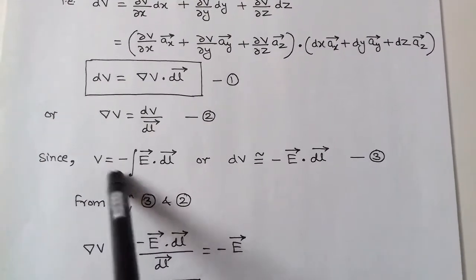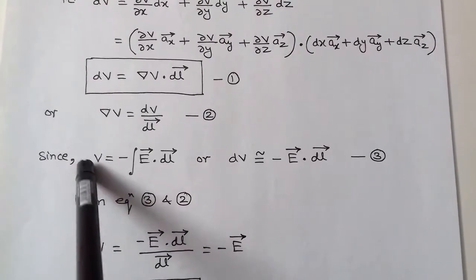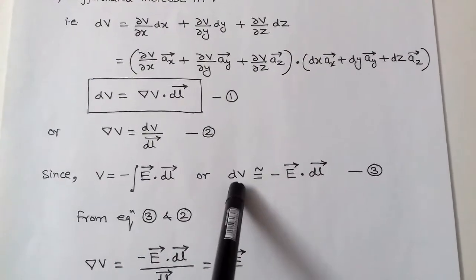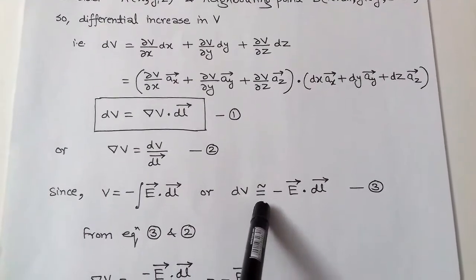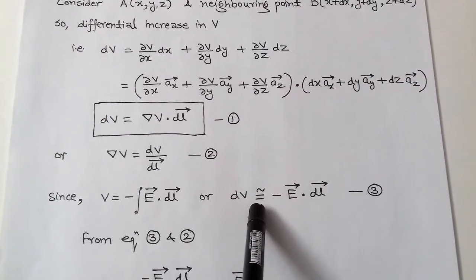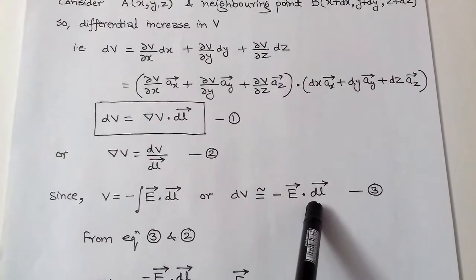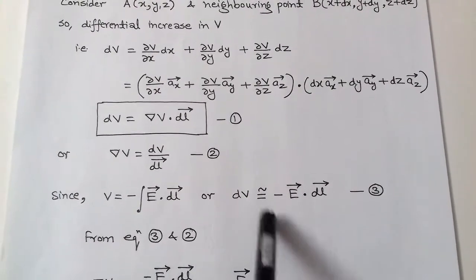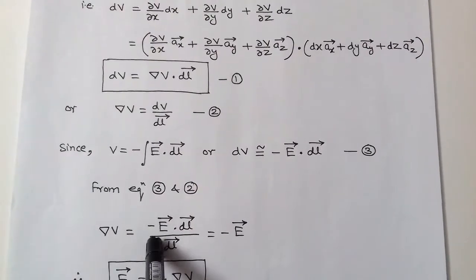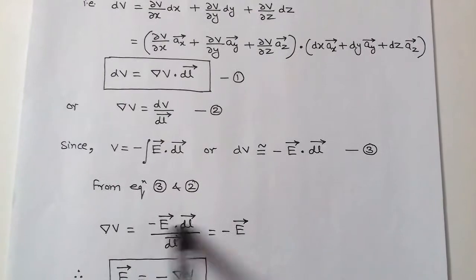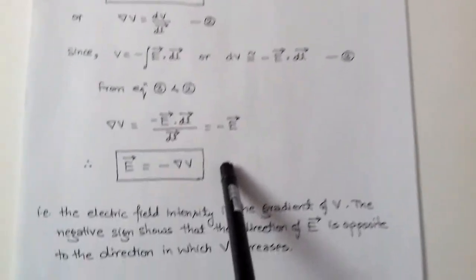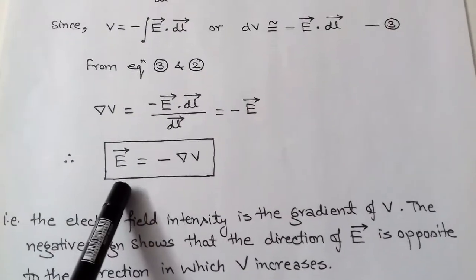Since potential V is equal to minus the integral of E dot dl, the differential increase in V, that is dV, in terms of dV we get an approximate value of this one. The integration is replaced by an approximation. So dV is equal to minus E dot dl. This is the third equation. From the third equation and equation number 2 we get del V is equal to minus E dot dl upon dl.